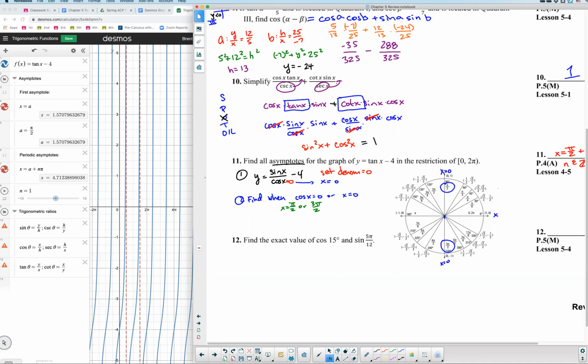And step 3 said apply horizontal transformations. That was what we learned in lesson 4.5. This problem has no horizontal transformation. That would occur on the inside with x. There's none. So you would just take your pi over 2 and then plus n pi.